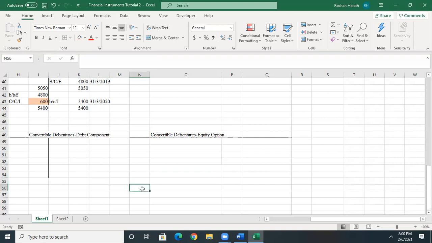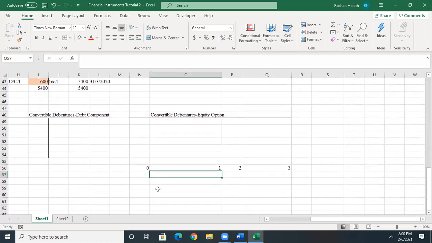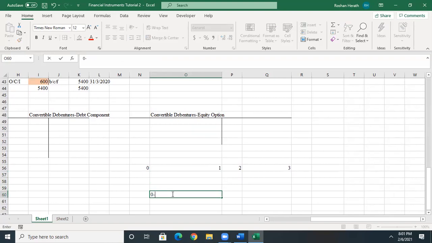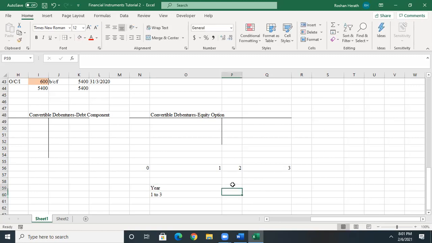So in that, forecast the future cash flows. So it's a 3-year bond. In that, what is the easiest way is that you can apply the discounting factor and also the annuity factor. Year 1, 2, 3. And the cash flow, what you get, what is that? It is the coupon.